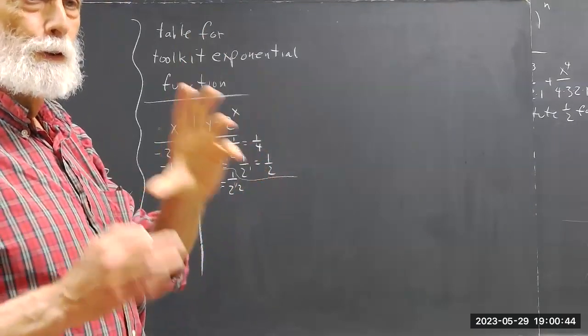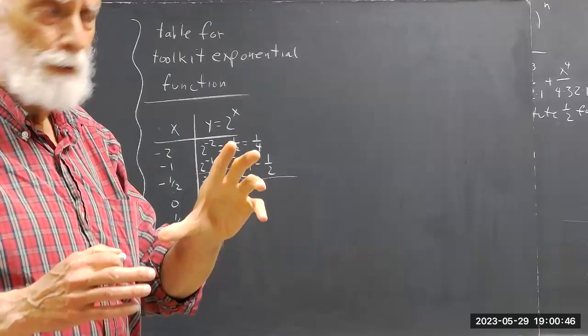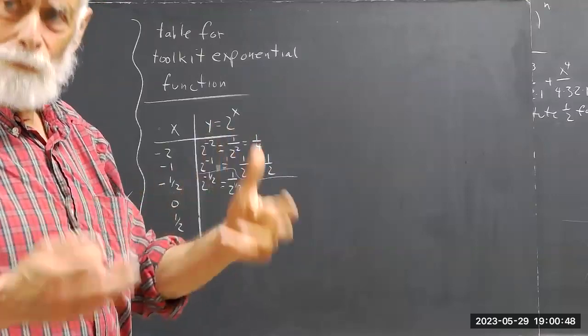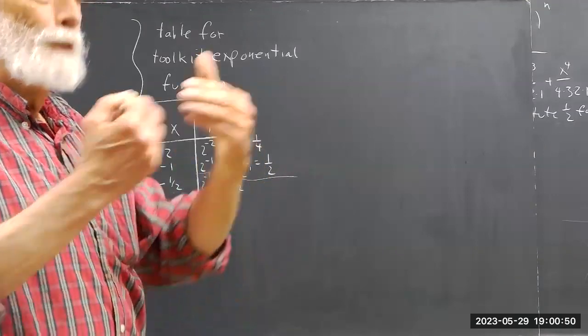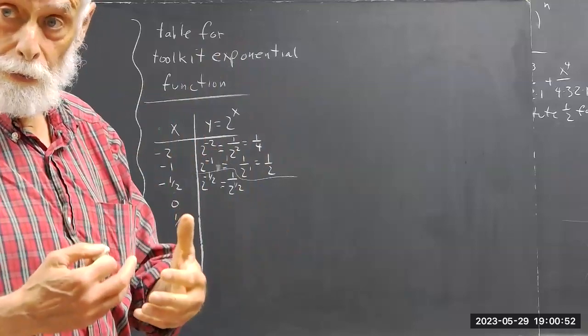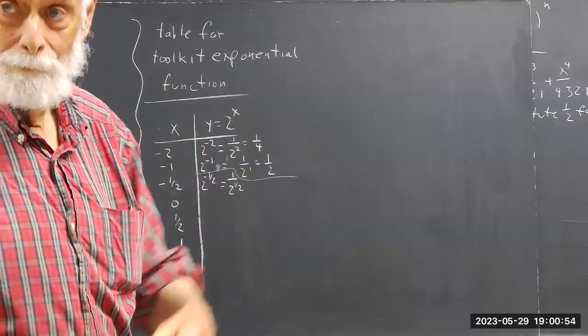The easiest number you can calculate the 1/2 power of that isn't a perfect square is e.